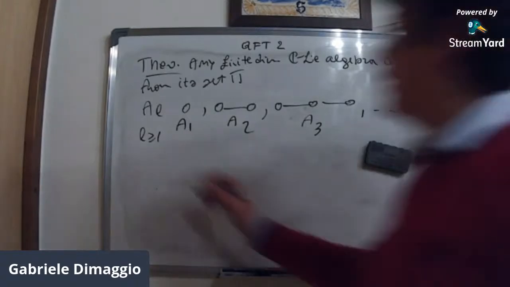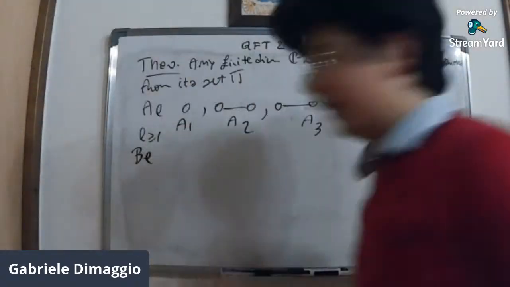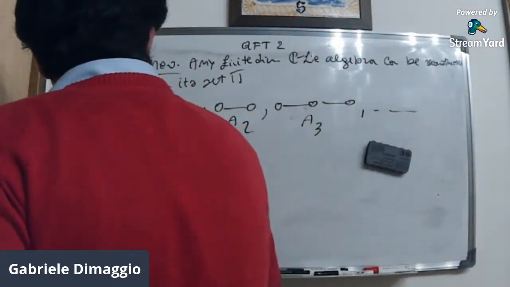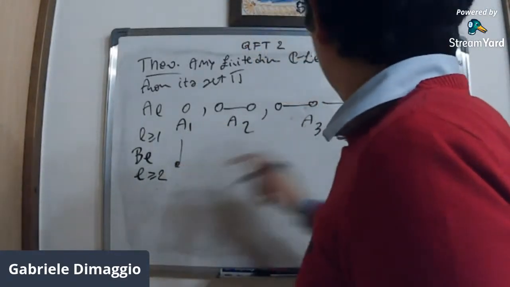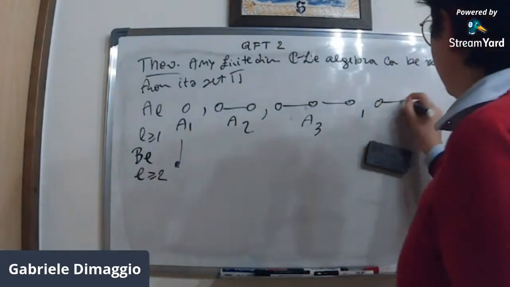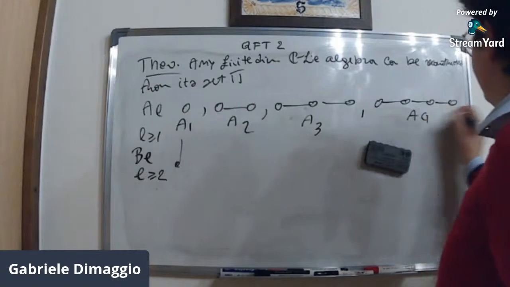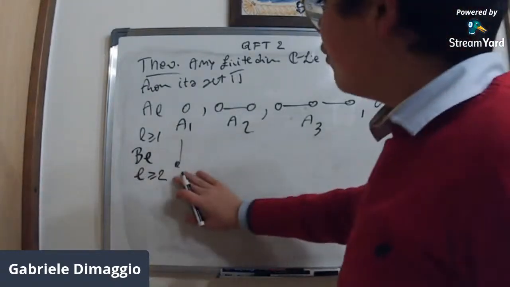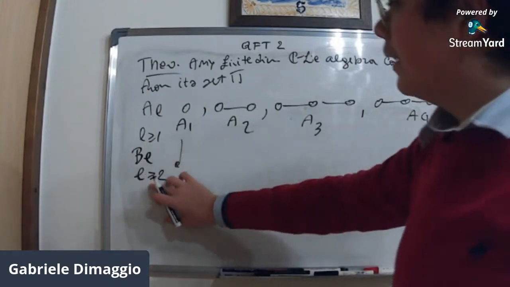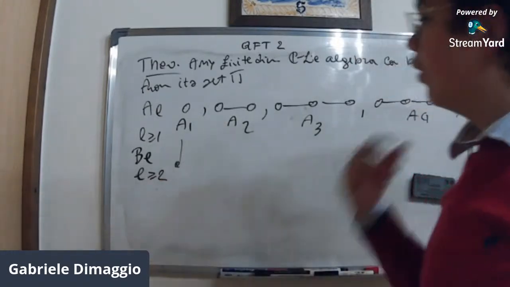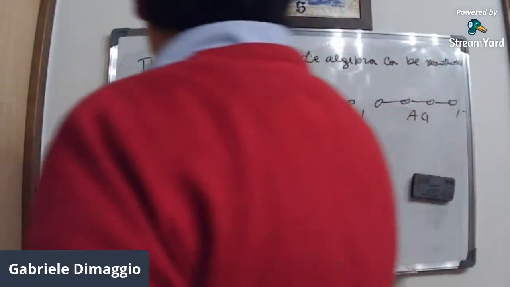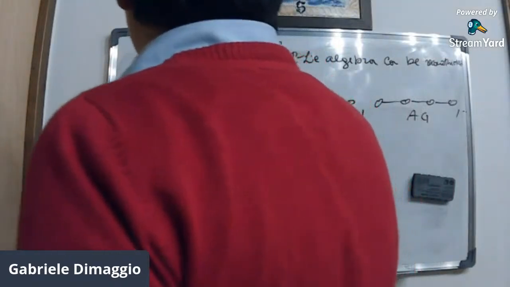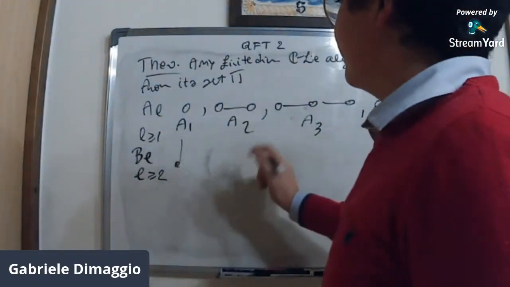Then I have example B_L. In this case there isn't any case for L equal to 1, because L must be greater than or equal to 2.